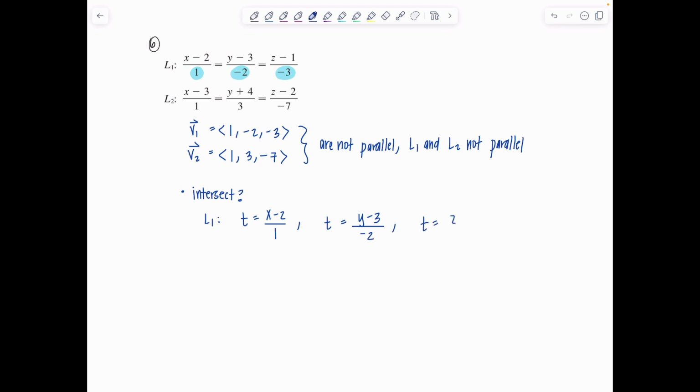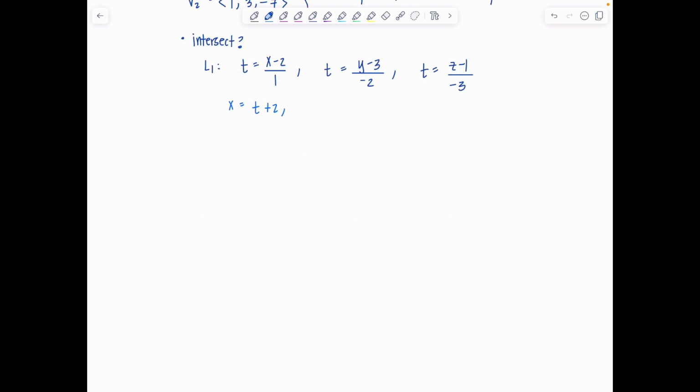And t equals z minus 1 over negative 3. And then I can solve for x, y, and z now, so I get back my parametric equations. So x equals t plus 2. Then y equals negative 2t plus 3. And z equals negative 3t plus 1.